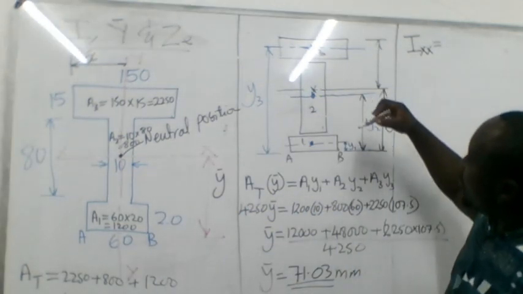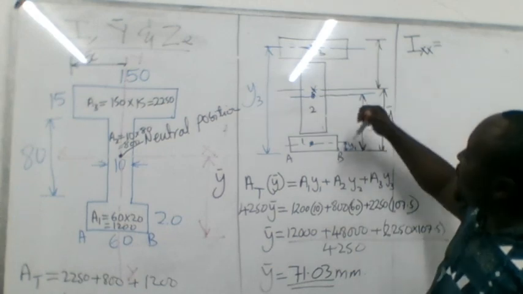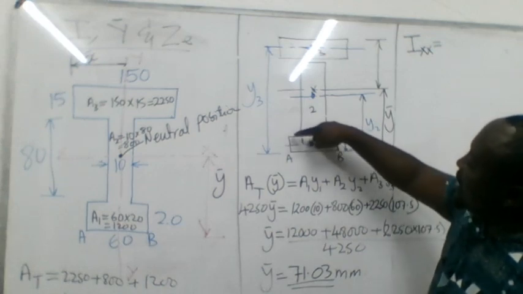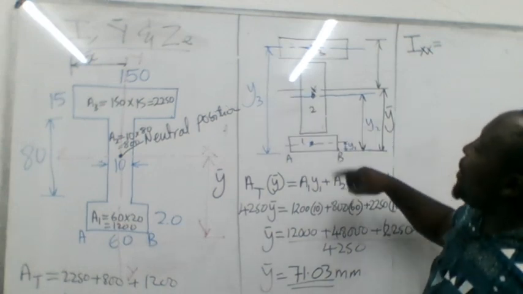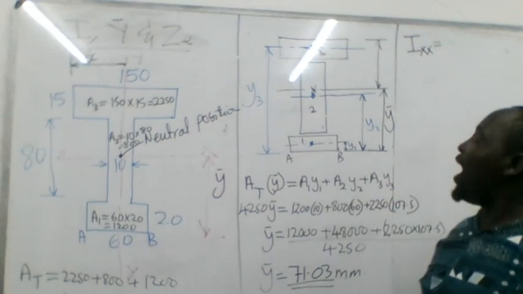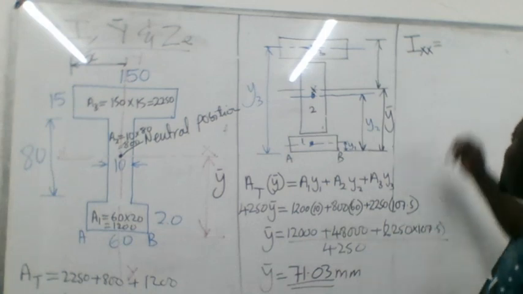Now, if we want to get to the I, you say the area of this times the distance from there to there plus its moment of inertia. How does it go? This looks complicated, but it's simple.